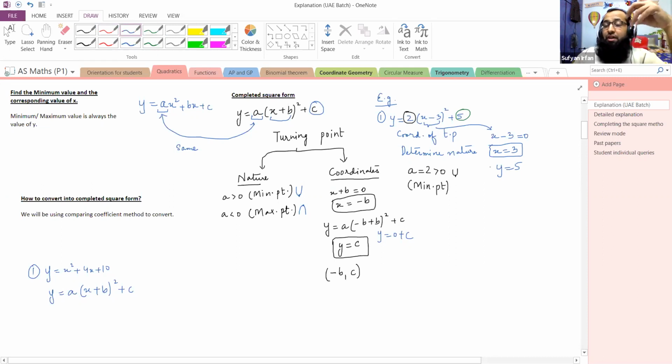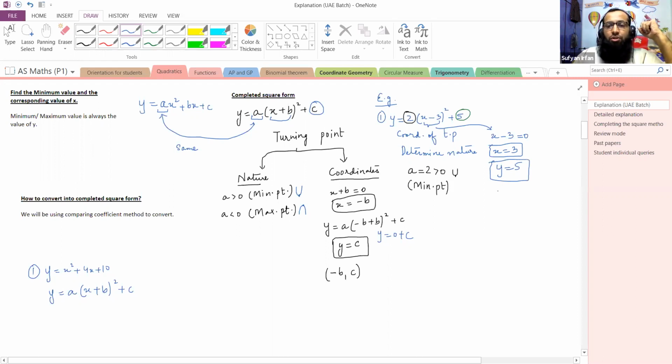Just to justify it, because the x coordinate is 3, if I substitute it back in the original expression, the value of y that I get will be 5. So rather than showing the substitution and then finding the value of y, we can directly say that the y coordinate of the turning point is 5.